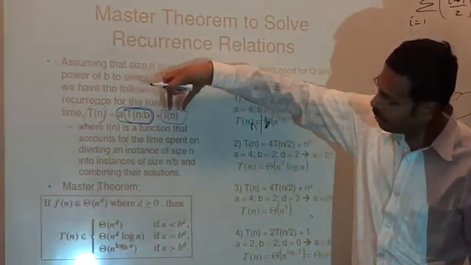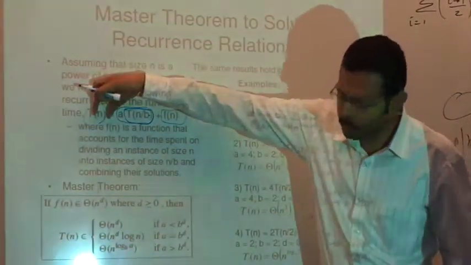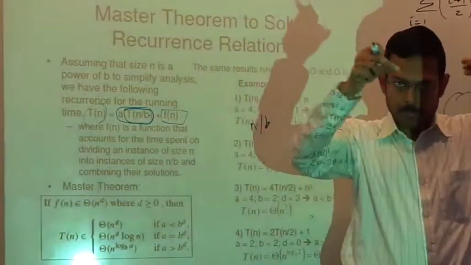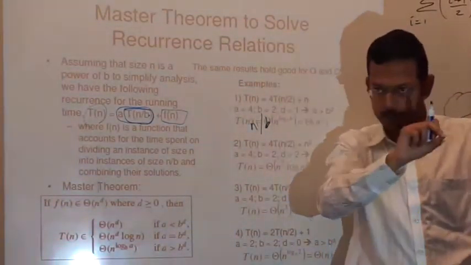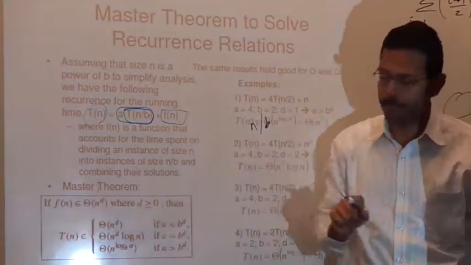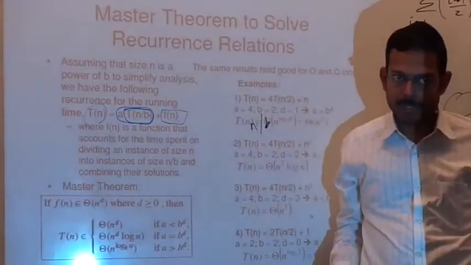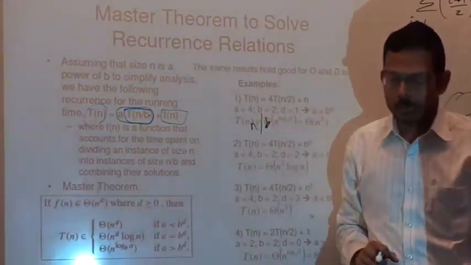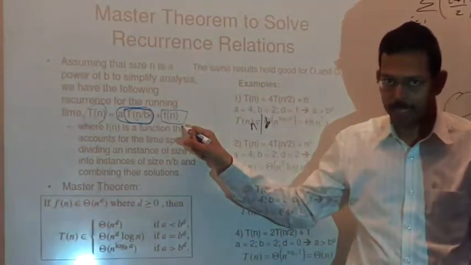And then you're going to merge or combine the solutions of the sub-problems and get a solution of the larger problem. Like we did the comparison and merged the two sorted subarrays to get a larger subarray, we need to spend some time to do comparison and stuff like that. So that is captured in this f of n. To combine the solutions, we need to spend some time. Right? Is that clear?